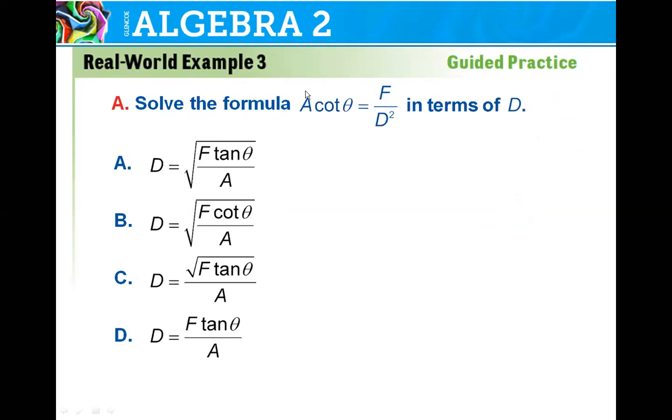Solve in the terms of D means I need the problem to end with D equals. So on the right hand side, instead of F over D squared, I need only D.